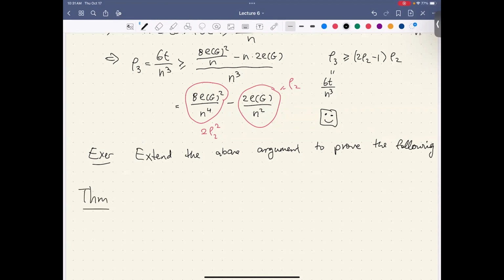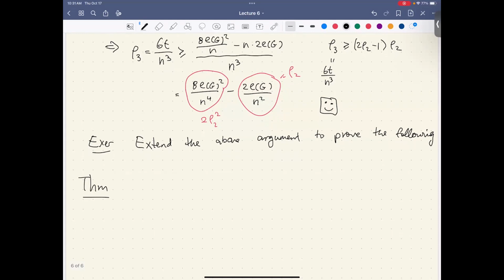Theorem. The clique density for d plus 1, the ratio to rho d, is at least clique density of d, the next pair, rho d minus 1, times d over d minus 1, minus 1 over d minus 1.